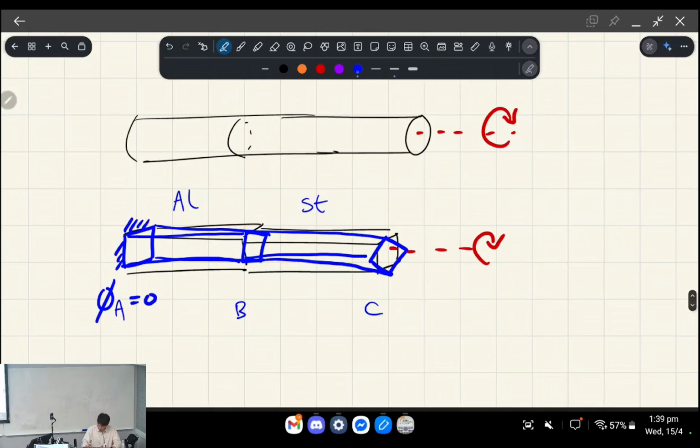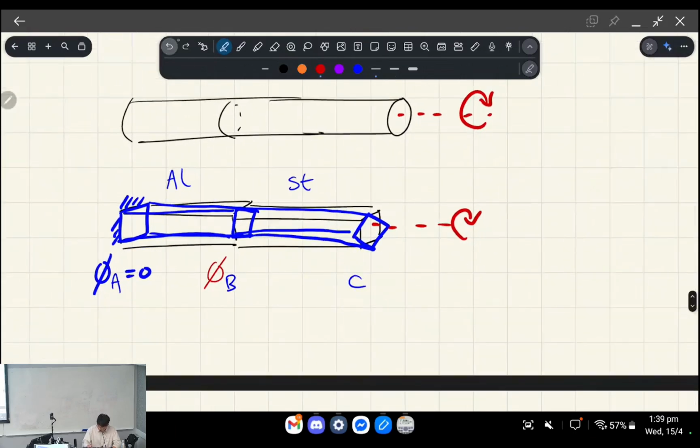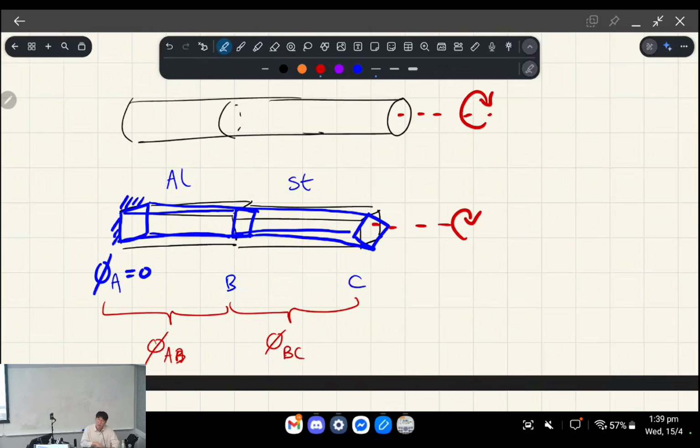Okay. If we call these twists, basically what I'm trying to say is this formula for twist actually needs 2 points of reference. You need your starting point and your finishing point, and then between those 2 points, how much is it twisted?